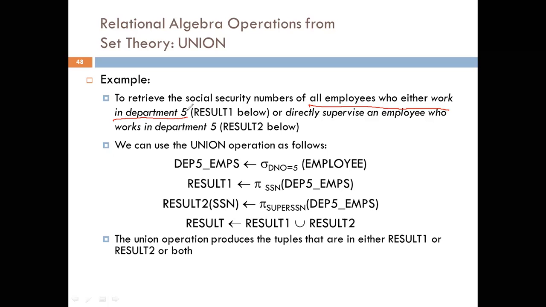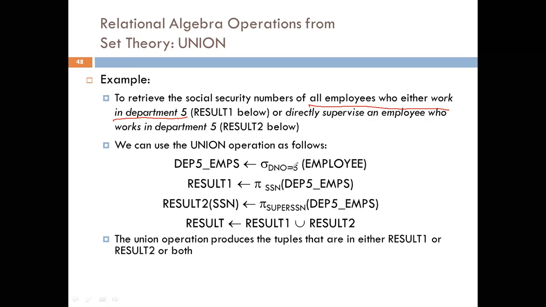So there are again two conditions. The employee should be working in department number 5, and for all those, we'll extract their supervisor's SSN. A query will look like this. For the employee relation, the select condition that we apply is sigma department number equal to 5.